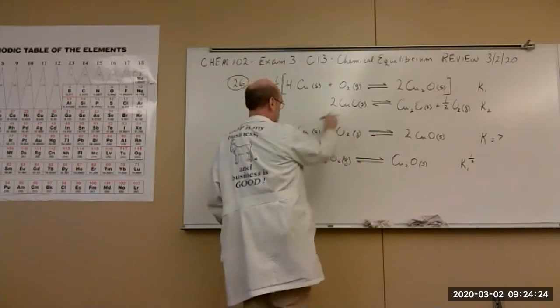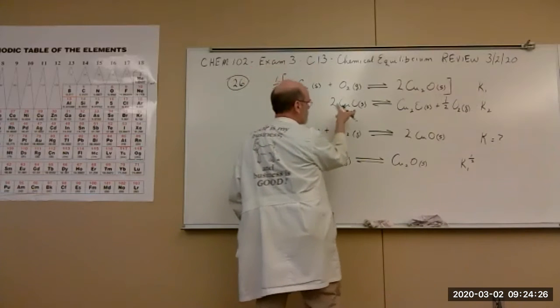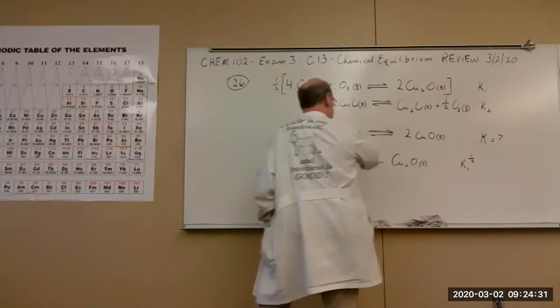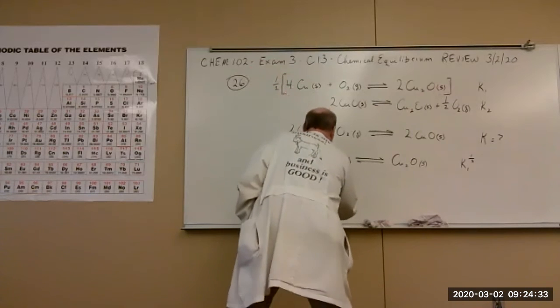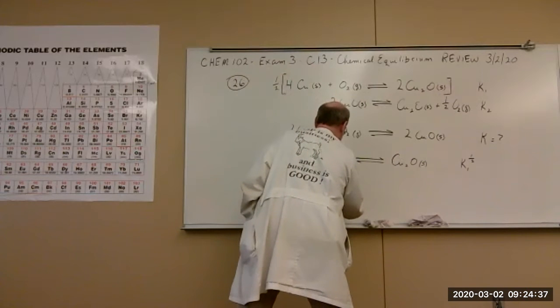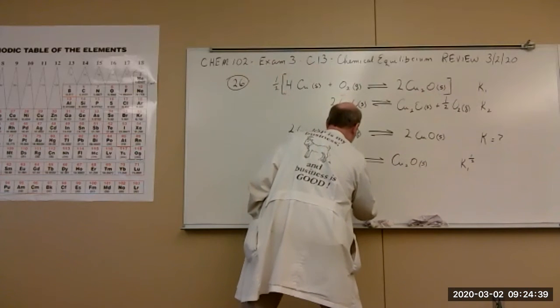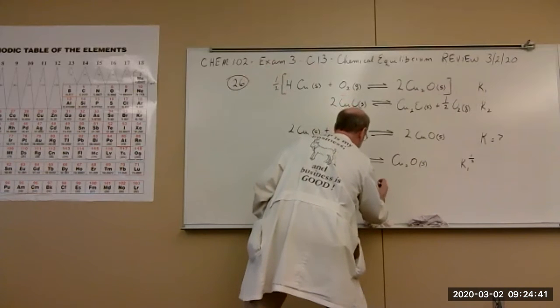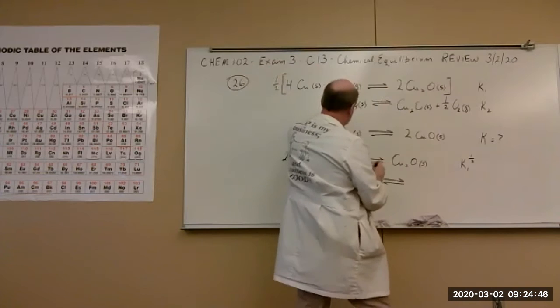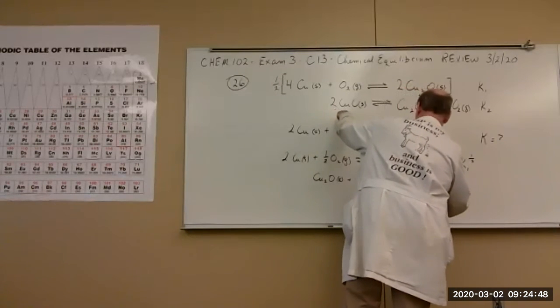Now this one needs to be inverted. So if we write this one over here, Cu2O plus 1/2 O2 is equal to this one, 2.